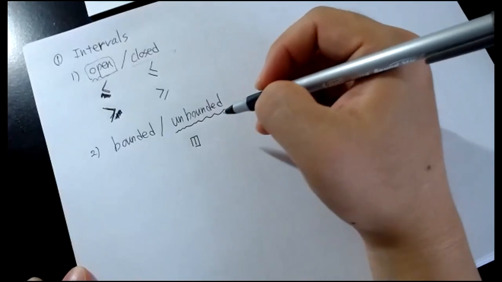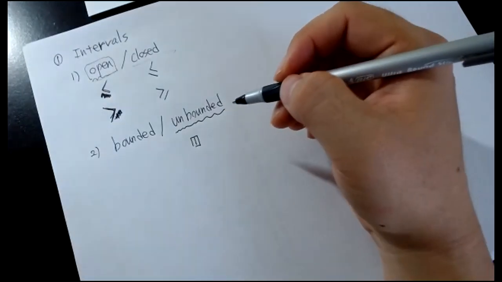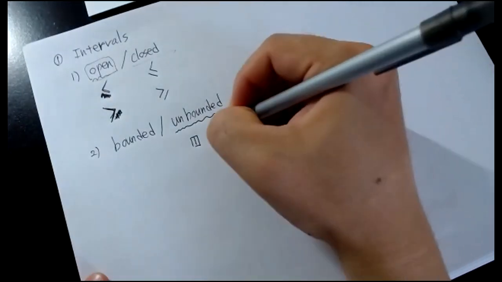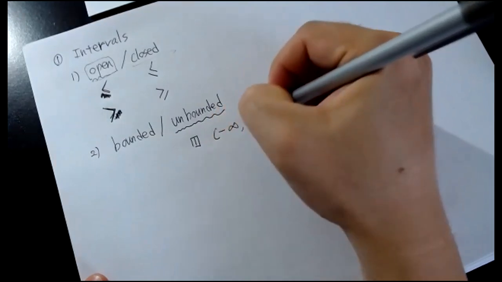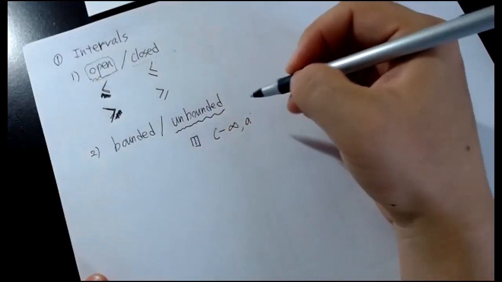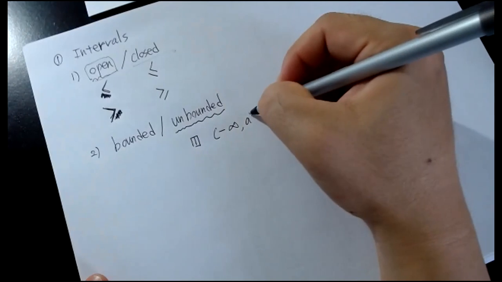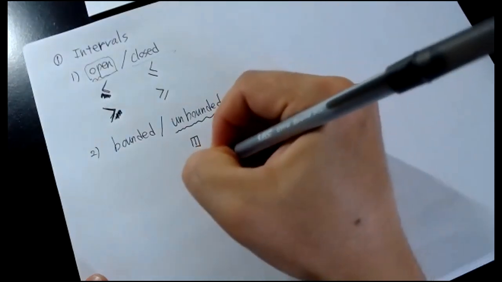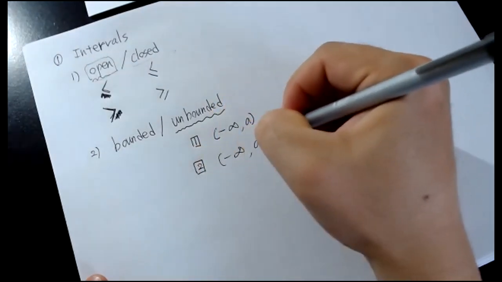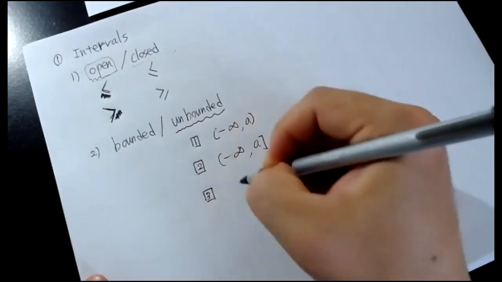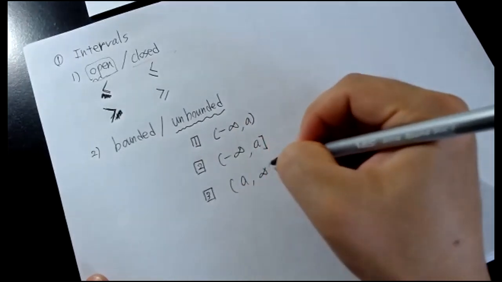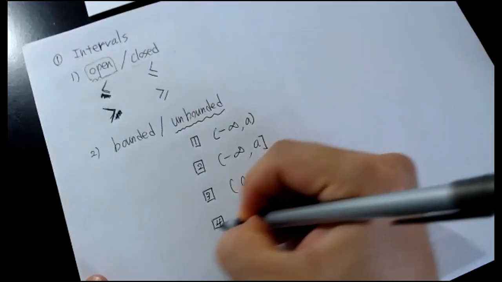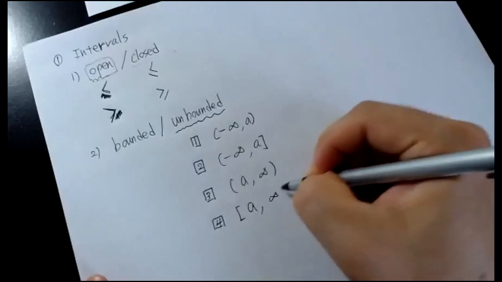There are four types of unbounded intervals we can think about, four cases. First, negative infinity comma a, open. Second, negative infinity comma a, closed. Third, a to infinity, open. Last one, closed interval, a to infinity.